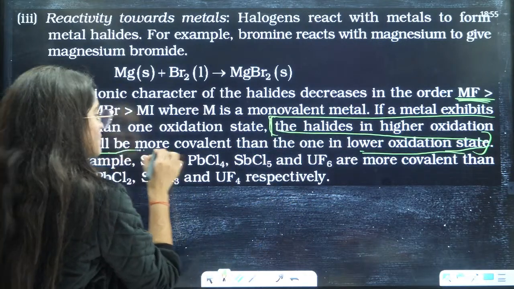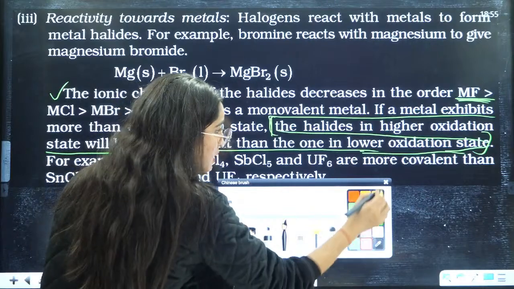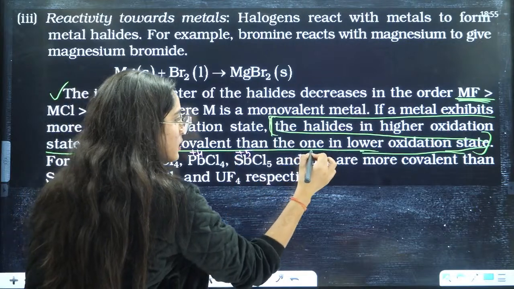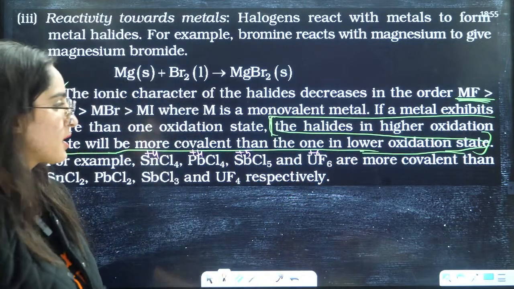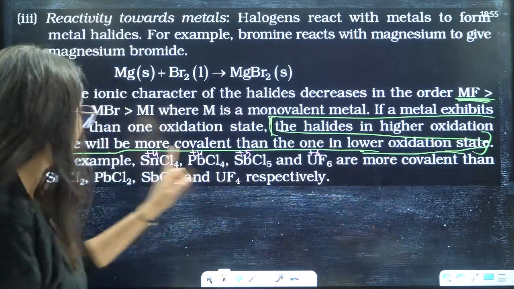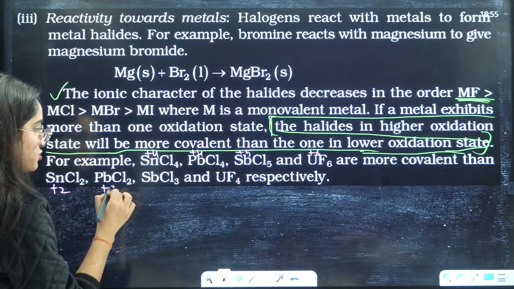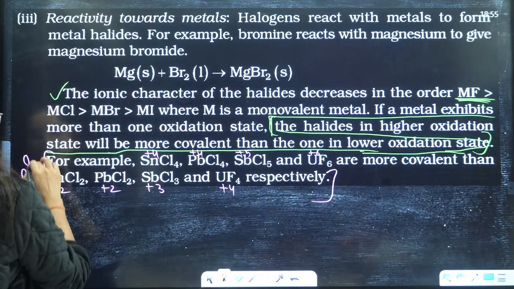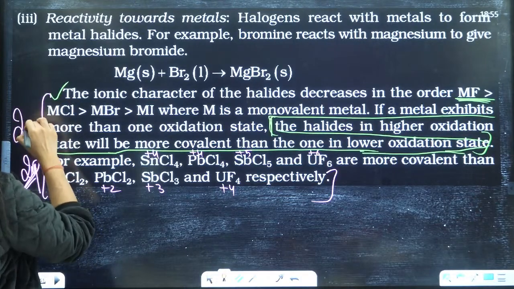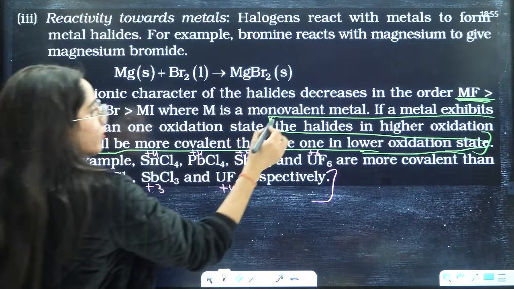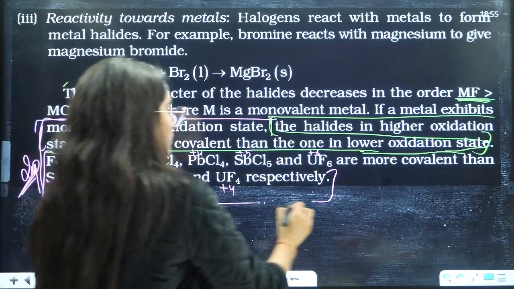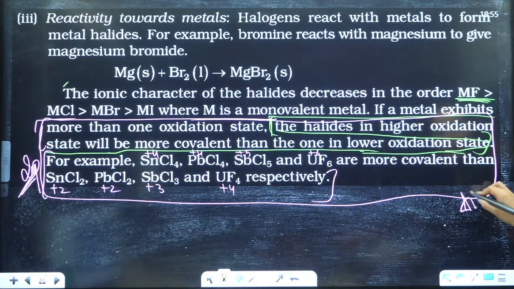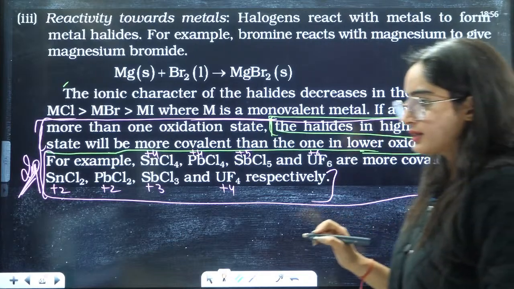Wait a minute. This is a very, very important example as well. This is +4, this is +4. I think this question has also been asked. This is +6. This question has been asked somewhere. These are more covalent, then this is +2, this is +2, this is +3, this is +4. It's a very, very important line. This line is very important, from this part to this part. The example is very important. Okay, this whole paragraph is important.